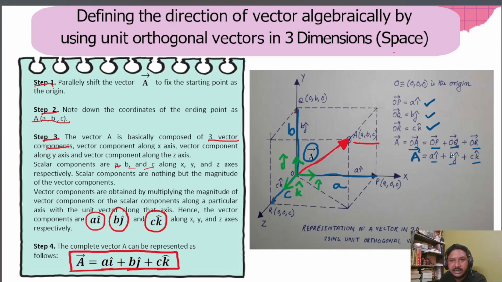It can be any real number: a fraction, an integer, rational, irrational, anything, but it has to be a real number. Multiply them with i cap, j cap, k cap, and add them. That gives us the vector. This is how we represent a vector in three dimensions by using unit orthogonal vectors.